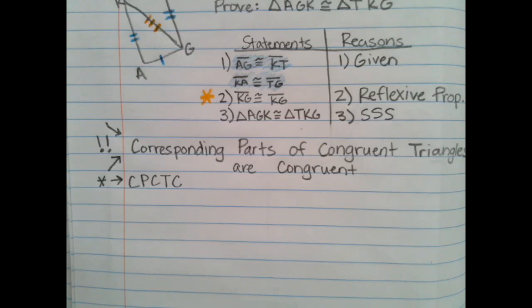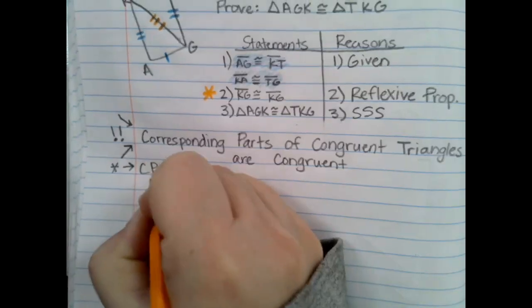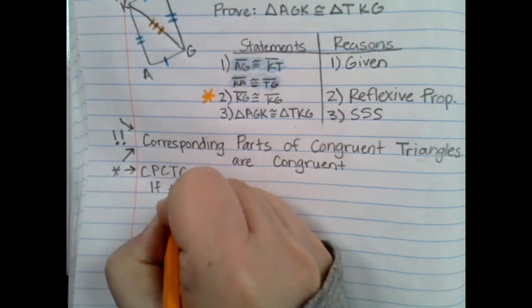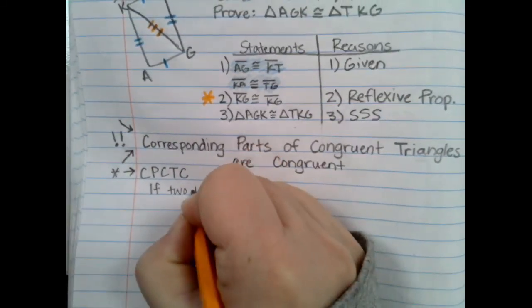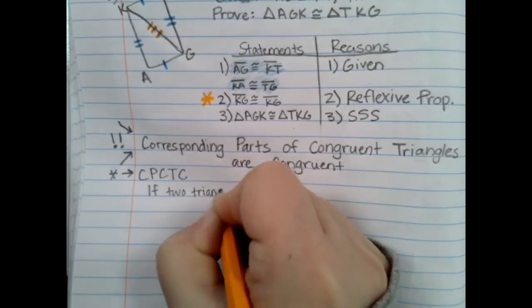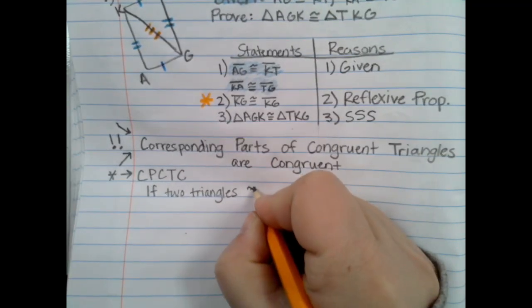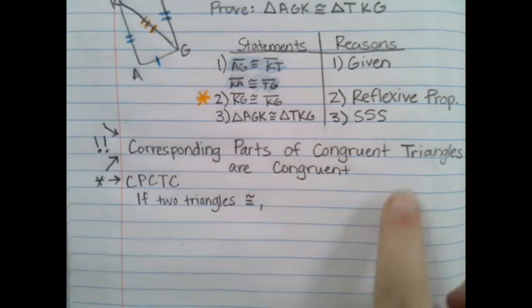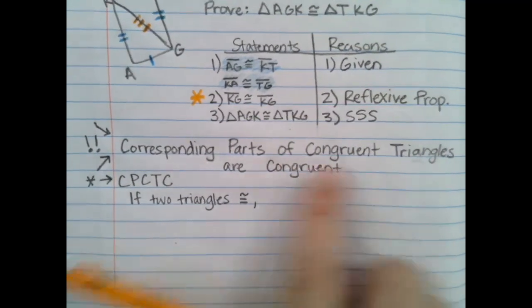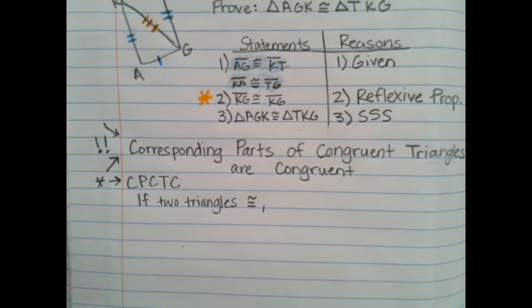A couple of your proofs today in your practice are going to involve this, so it's important that you have it. What this tells us is that if 2 triangles are congruent, I'm going to abbreviate that congruent symbol there just to save some space, if 2 triangles are congruent, so congruent triangles, then their corresponding parts, what does corresponding mean again?